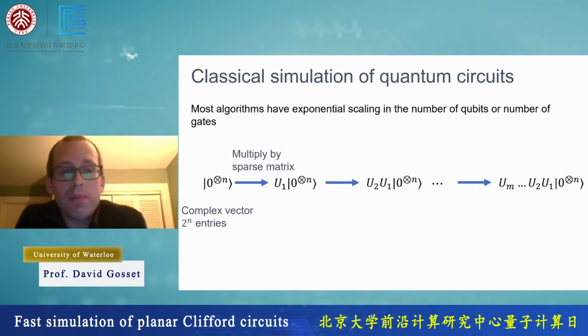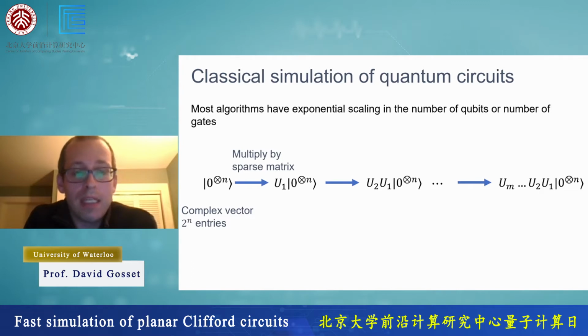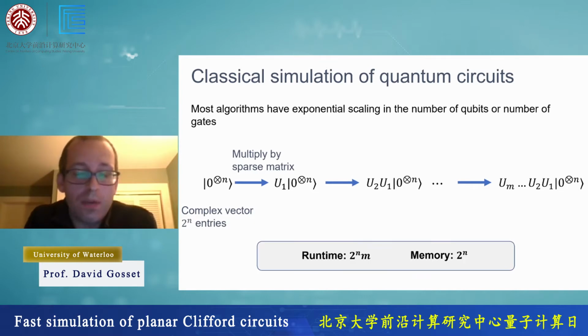For example, in the most naive algorithm, we would just store an n-qubit state as a complex vector of length 2 to the n, and we would update that vector by sparse matrix multiplication every time we apply a gate. That very naive algorithm requires an amount of memory which is exponential in n to store the full state vector, and also a runtime which is proportional to that memory cost.